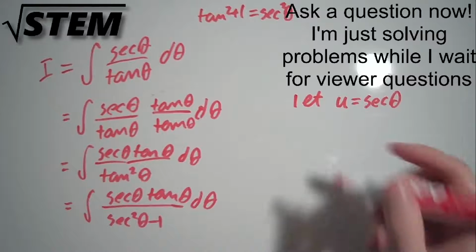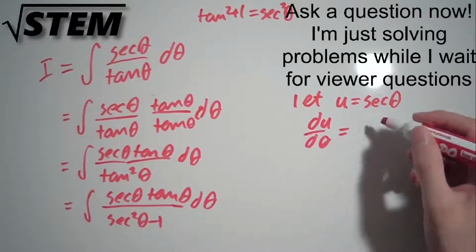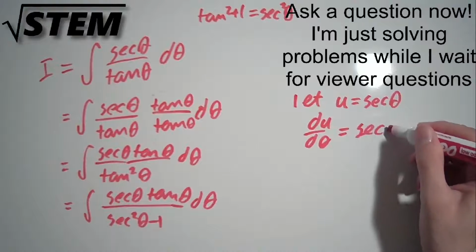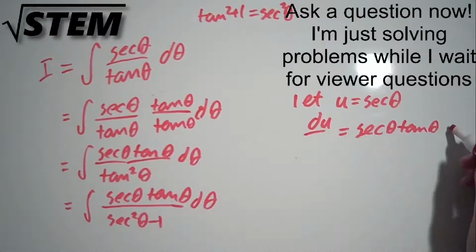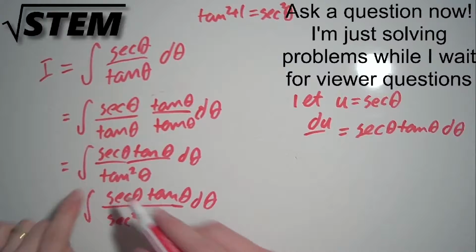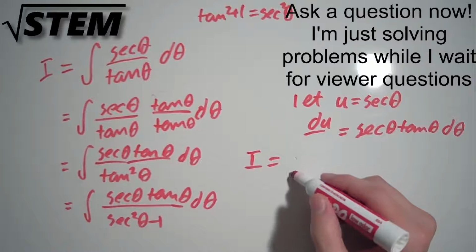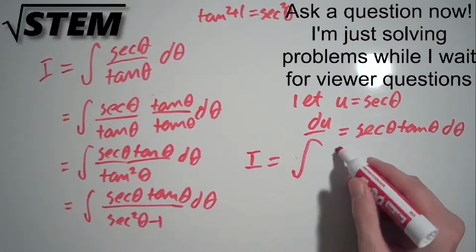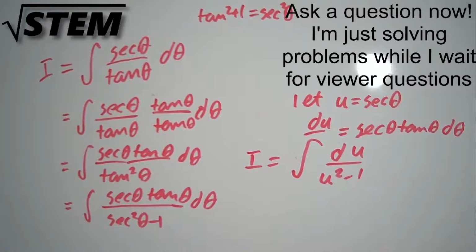And that means that du d theta is secant times tangent. Then we'll bring the d theta over. And look at that, that's our numerator. So that means our integral is now du over u squared minus 1.